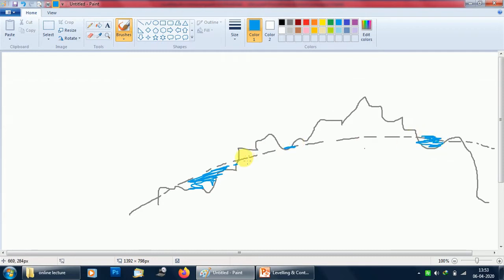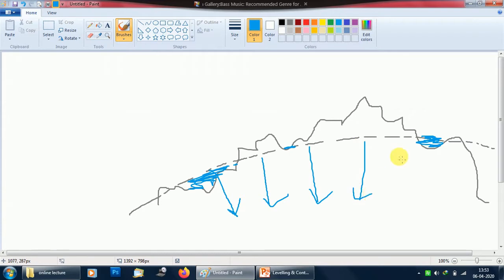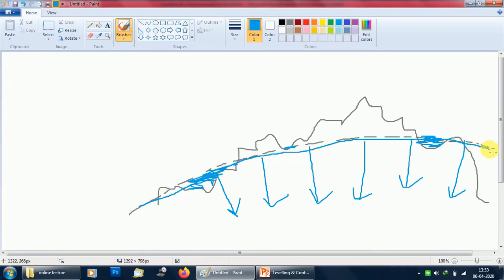The level of the sea remains constant and it creates an equipotential surface, that is, a gravitational equipotential surface. Everywhere an equal amount of gravitational pull works. So the natural sea level may work as a reference plane to measure the levels.